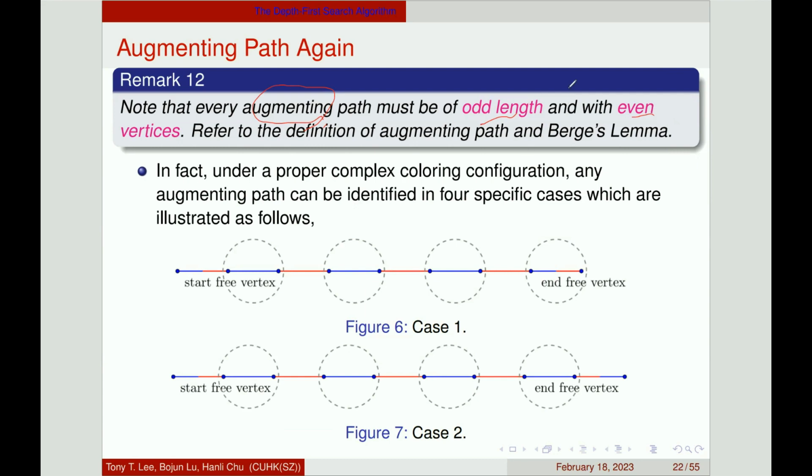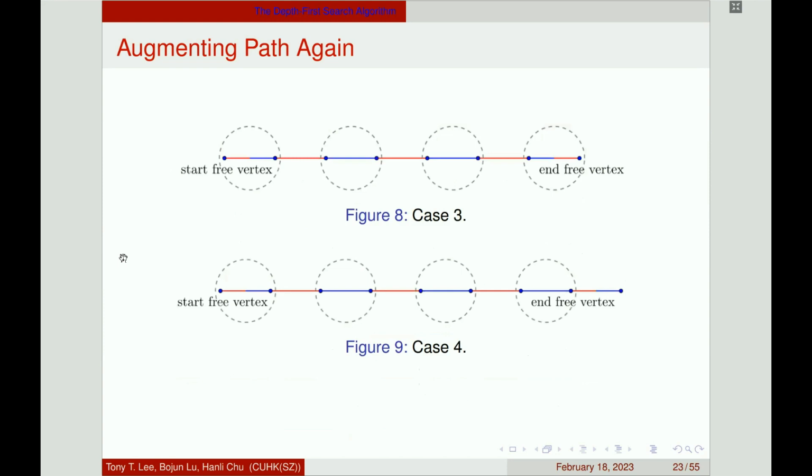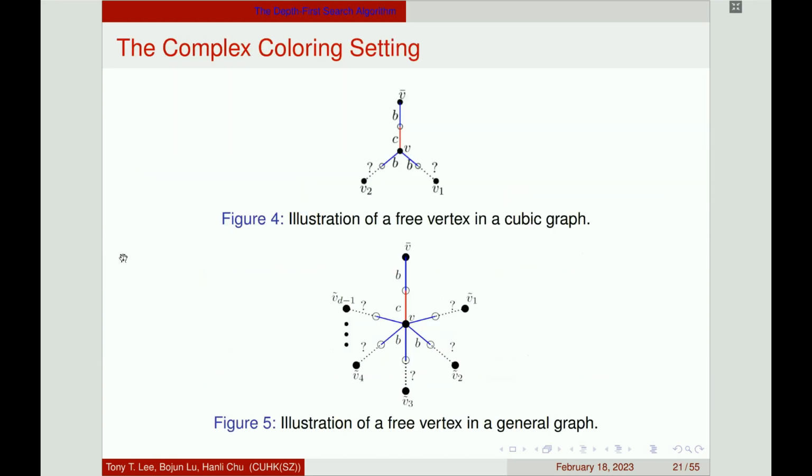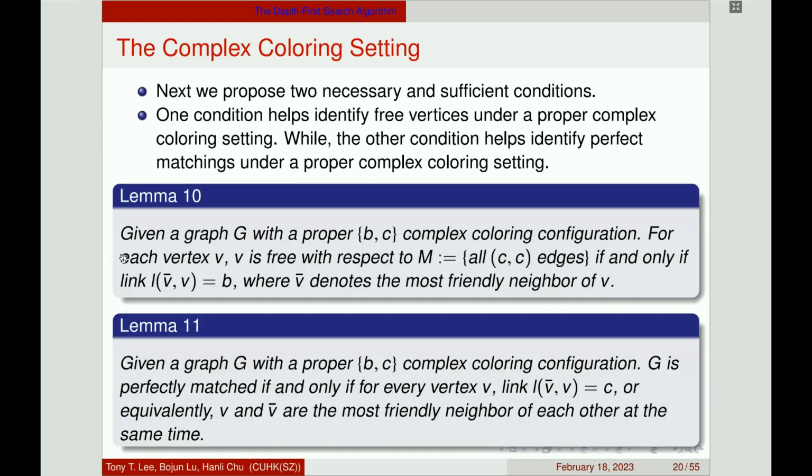Another inspiring thing is that in the initialization of the search, we give the edges a color. So we color the edges. If you have time to read our paper, you could see the coloring technique, the coloring scheme.